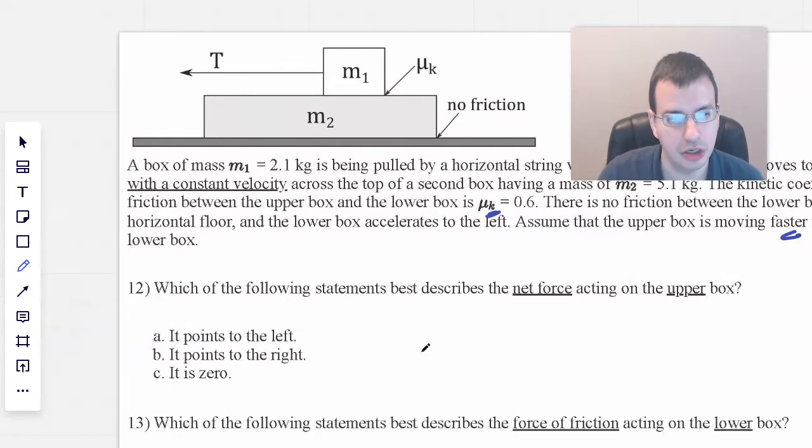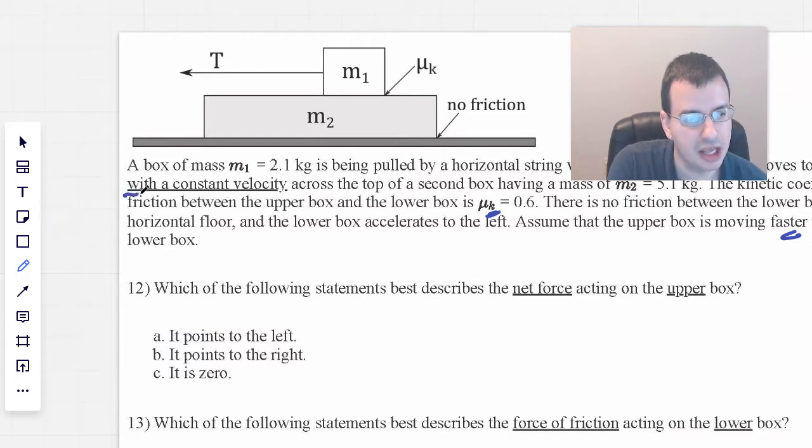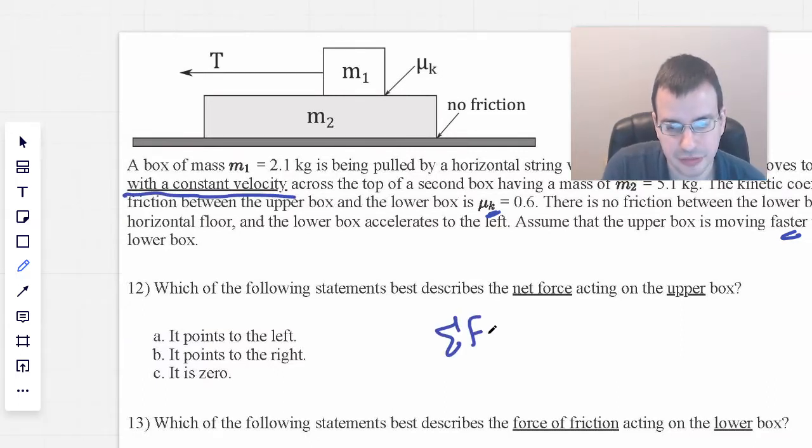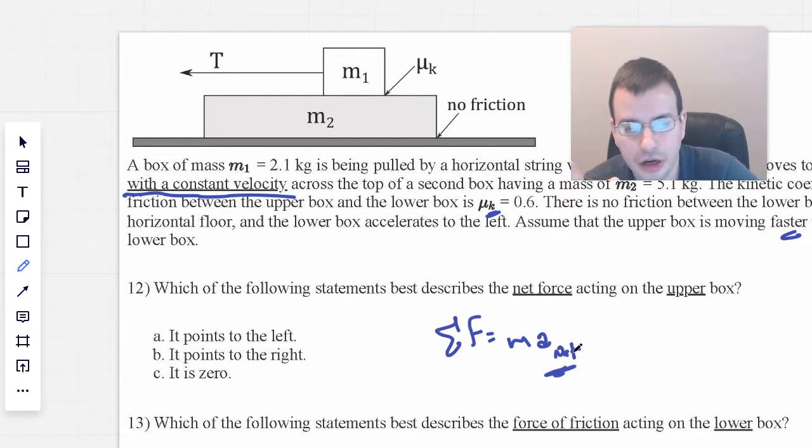The upper box is moving with a constant velocity. So the sum of all forces equals mass times acceleration, the total net force.